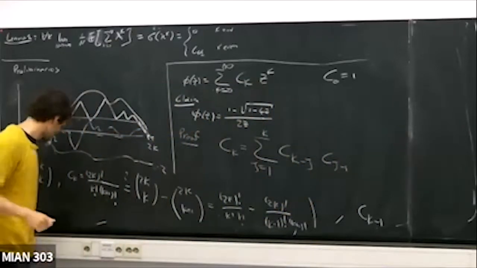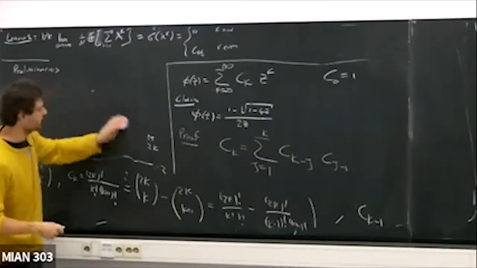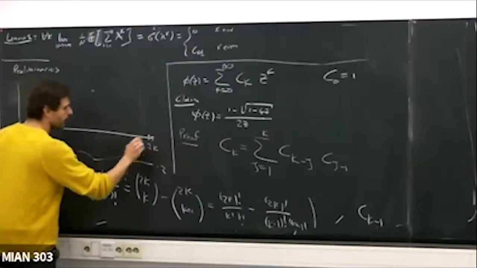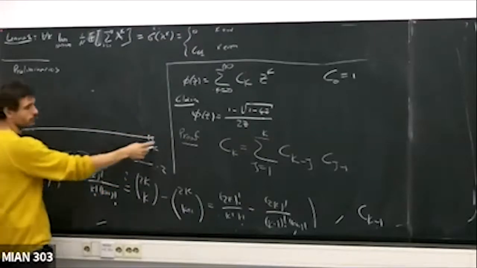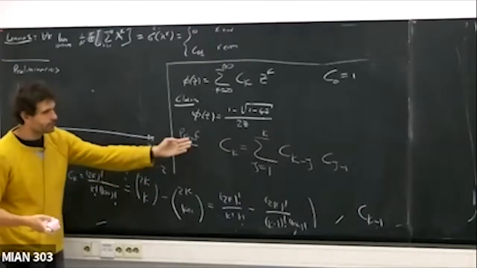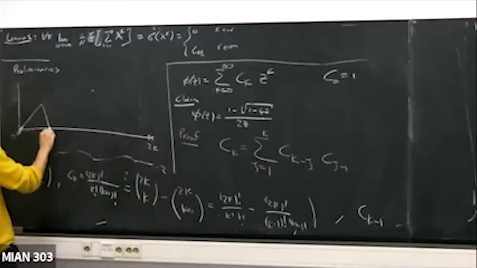Why? Here there are too many pictures, but how can I count the positive paths from 0 to 2k? You can do it by induction, but it's nicer to do as follows. How many paths are there from 0 to 2k that never become negative?